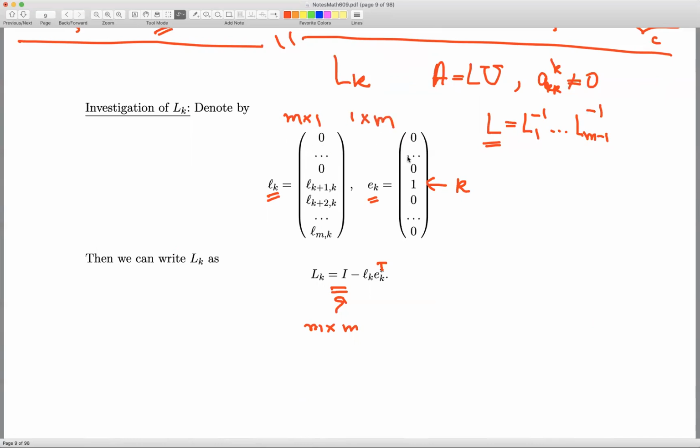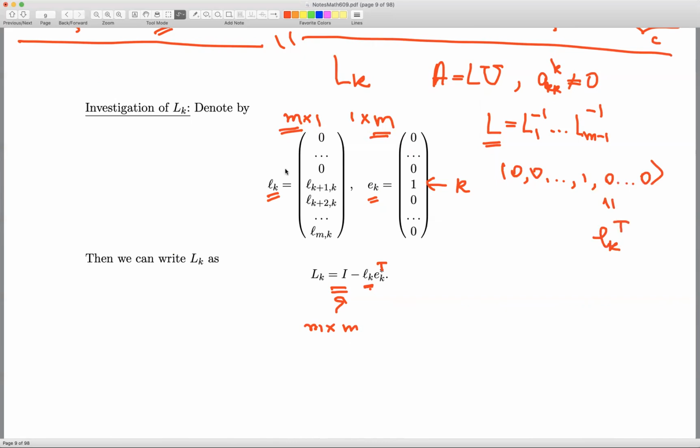And when I multiply those two vectors, I will end up with a matrix of dimension m times m. Here is 0, 0, and so on, 1, and 0. This is the vector ek transpose.